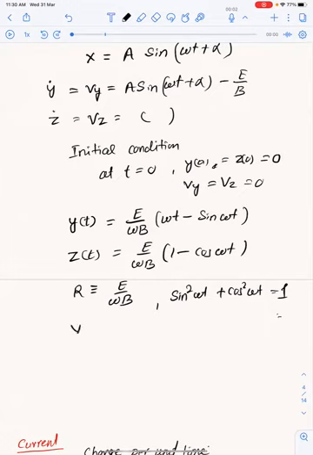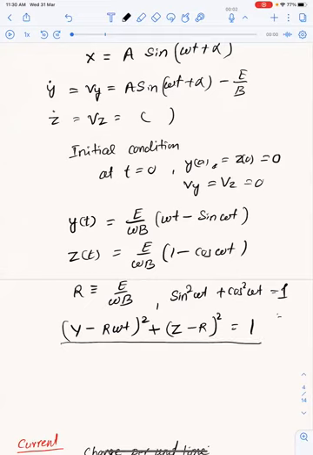So this should give you (y minus r omega t) square plus (z minus r) square equal to r square. So this is nothing but a formula for a circle. Usually what happens is, (y minus h) square plus (z minus k) square equal to r square, right? This is how it comes out, and I think this is r square here.